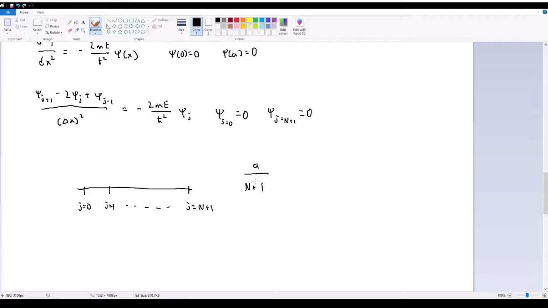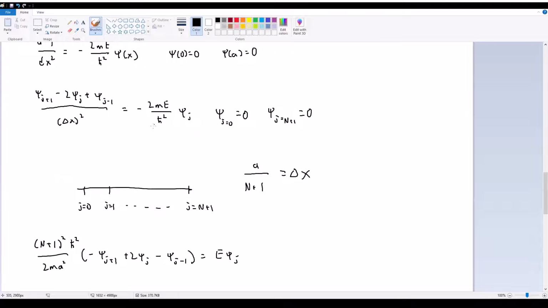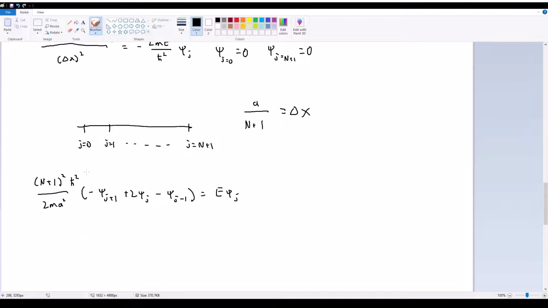So if we substitute this in, our equation from above changes to n plus 1 squared times h bar squared over 2ma squared times negative psi j plus 1 plus 2 psi j minus psi j minus 1 is equal to e times psi j. I've just moved everything over to this side and redefined delta x squared.